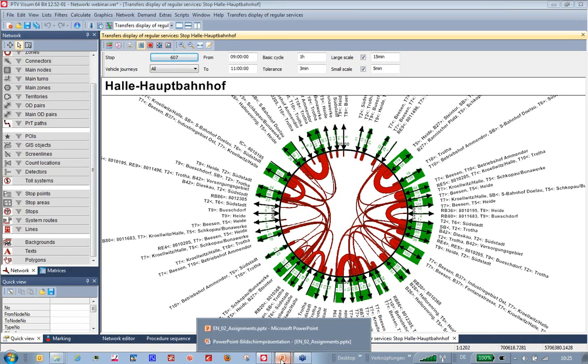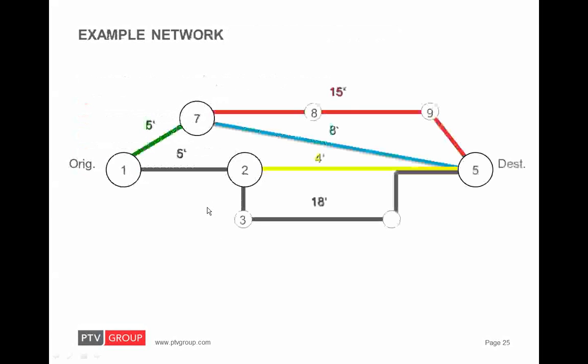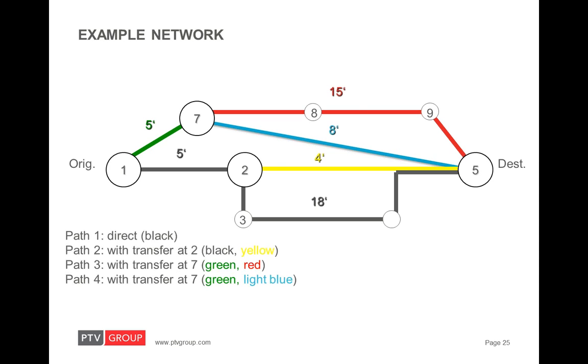We can see this in a very little example. We have here an example network with different lines shown by different colors. We can see the run times between the stops. And if we look at this, we have more or less 4 paths which could be used: 1 direct one and 3 with changing the bus, the line.